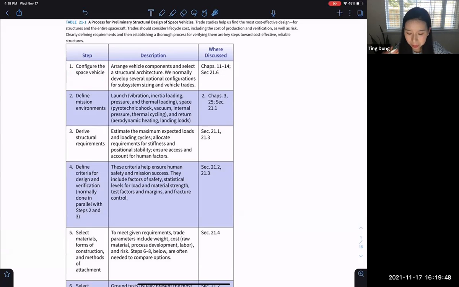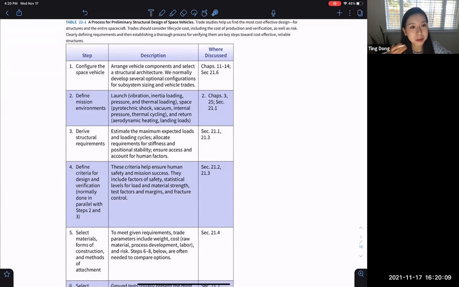Like if it's a crewed mission, you need to have a pressurized crew compartment, and you need to have space for life support and food and everything. If you have a rover, you need a place for it.